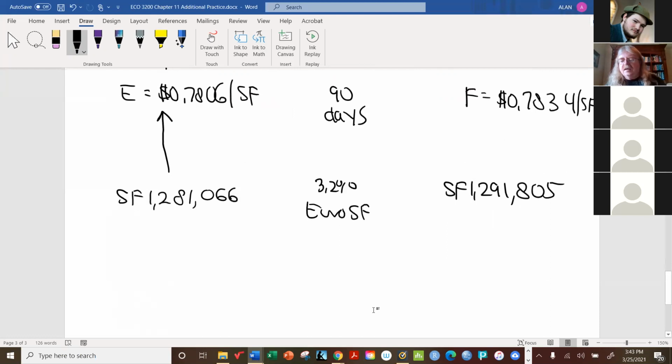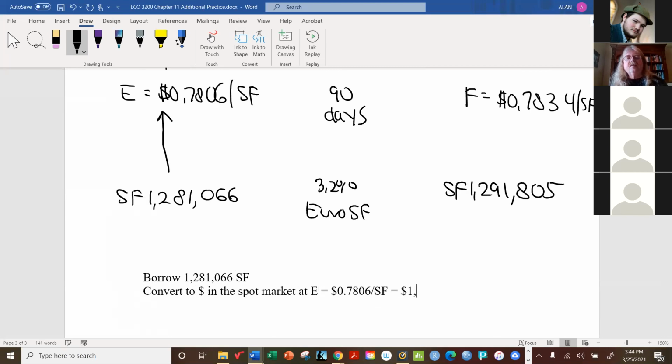Okay, so we started out in the beginning by borrowing 1,281,066 Swiss francs, convert to dollars in the spot market at E equals, okay, the spot exchange rate is 78.06 per Swiss franc, which is exactly $1 million, just the way we like it.